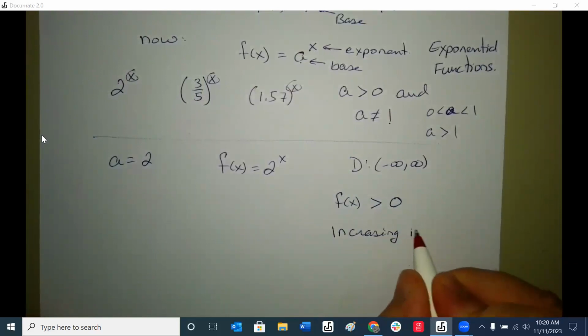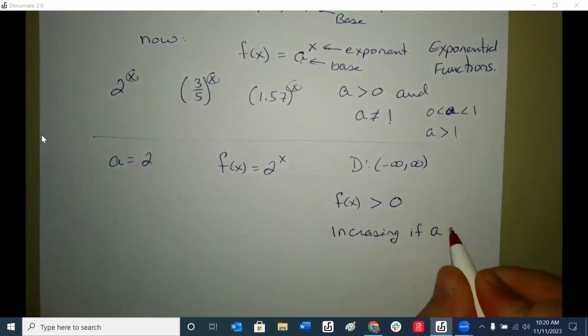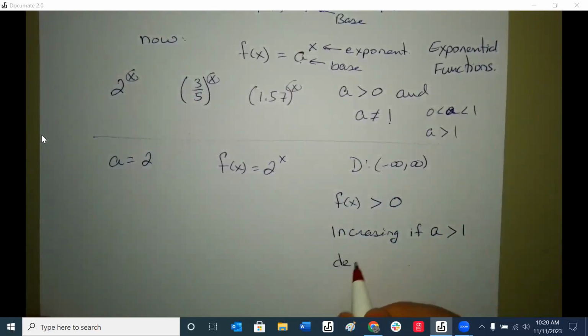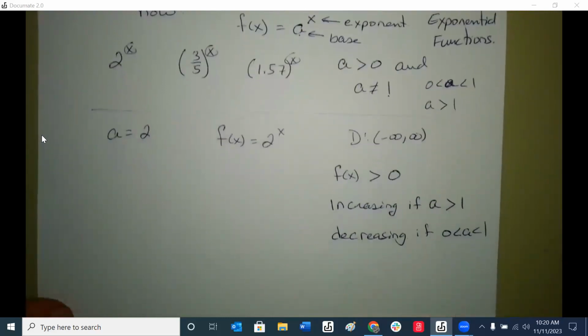It's increasing if the base is greater than 1. It's decreasing if the base is a fraction.